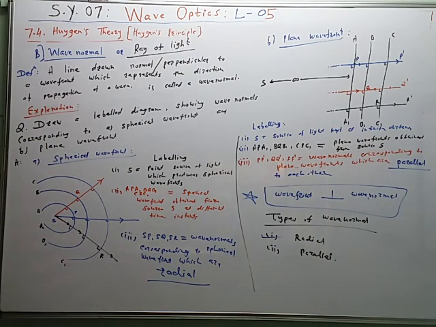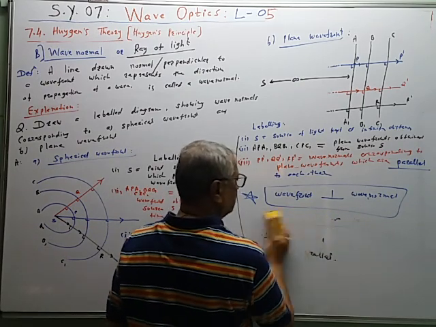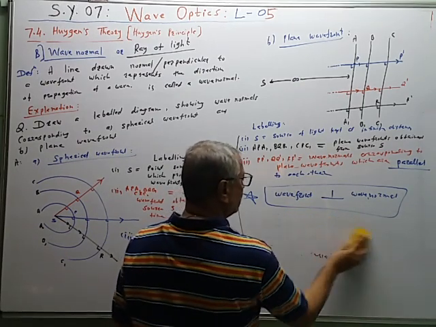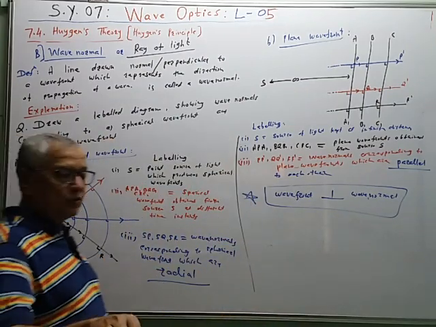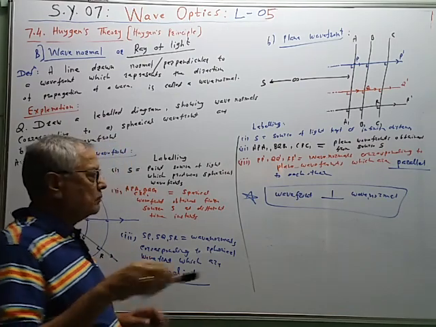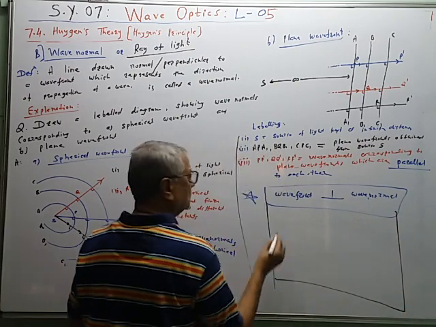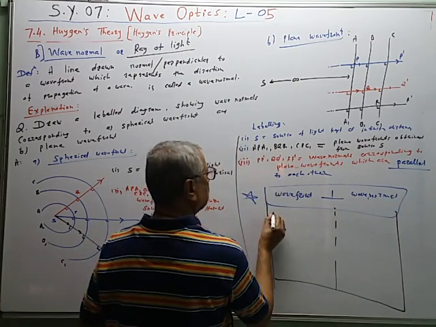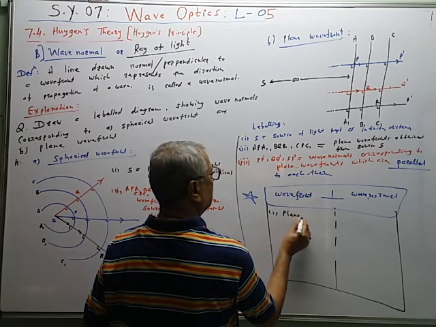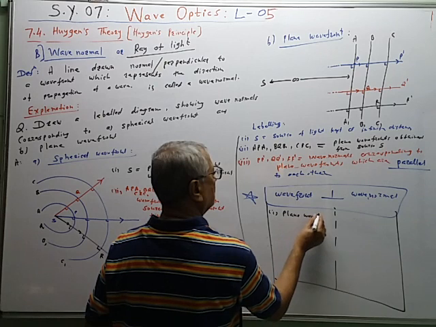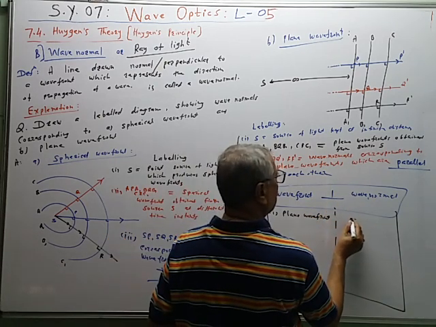So now the types of the wave normals are like this. So wavefront and wave normal are perpendicular to each other, and therefore now we can complete this table. First, plane wavefront: wave normals are parallel to each other.